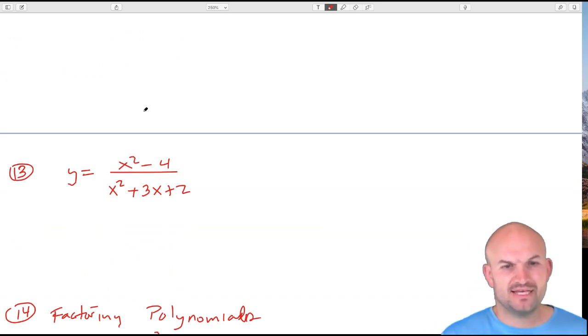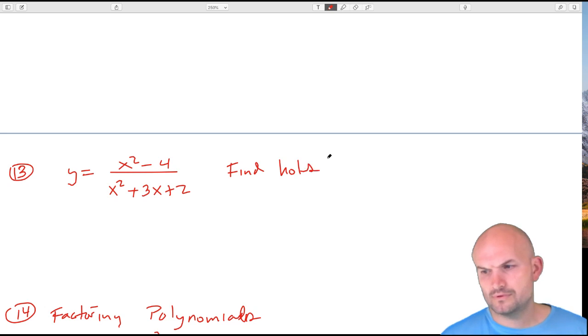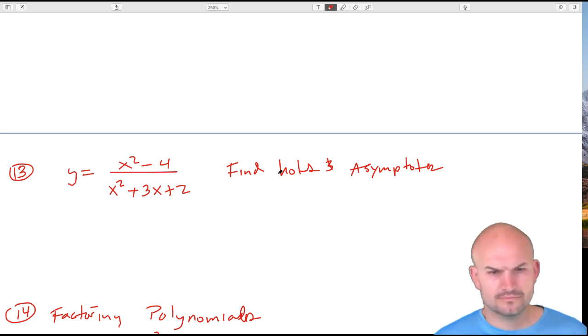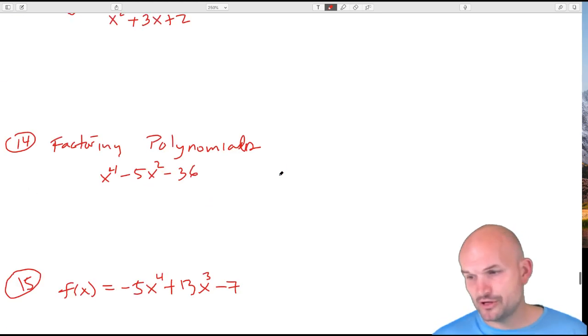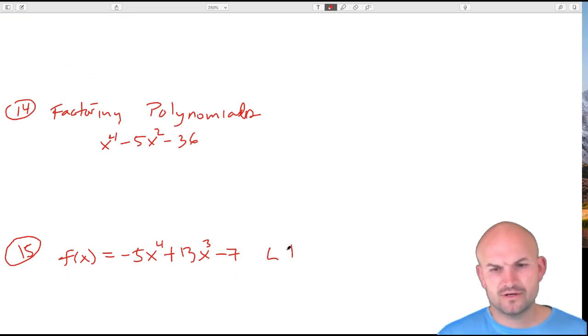We are going to find the holes and asymptotes. We are going to factor a polynomial, and then we are going to find the left and right hand behavior.